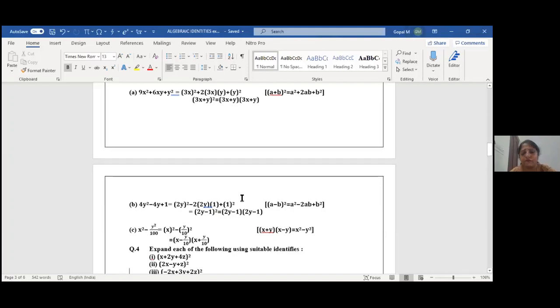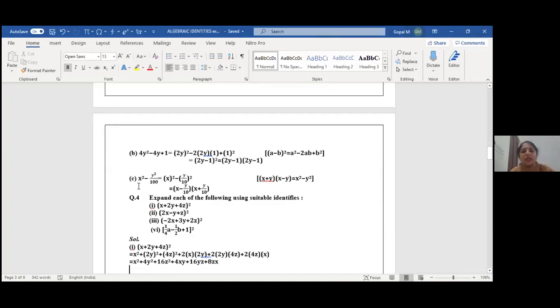No, ma'am. Next, third question: x square minus y square by 100. I know x is a whole square and 100 is a perfect square. So I'll write y square by 100 in the form of (y by 10) whole square. So now I got this in the form of a square minus b square.